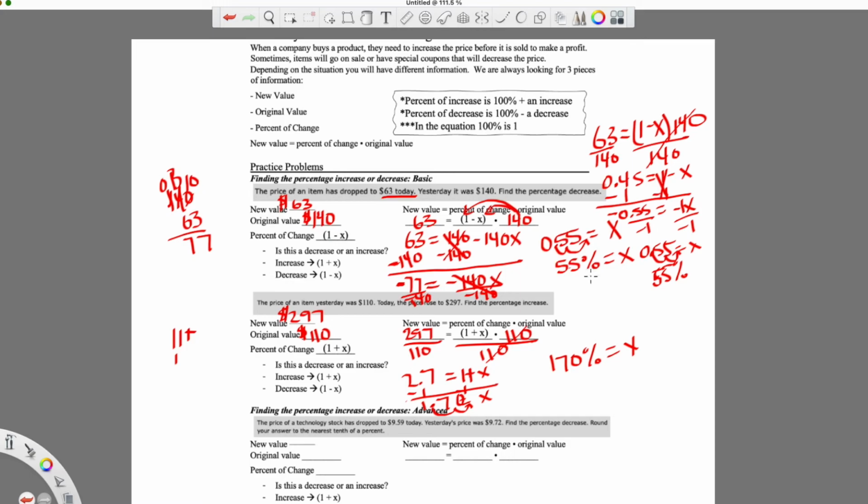That's weird. There we go. So 110 plus 110, we get 0, we get 2, we get 2. So 220 would be a 200% increase because it's the first 100% and then another 100% of the original cost. So that would be a 200% increase. Well, it went up even more than that, right? So that's kind of how we can make sense of that.